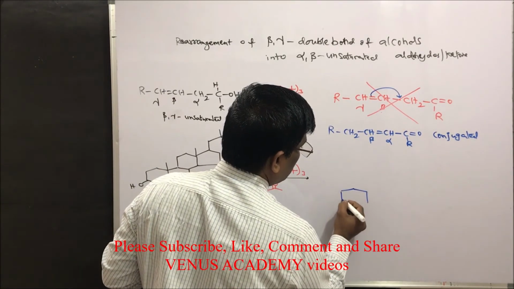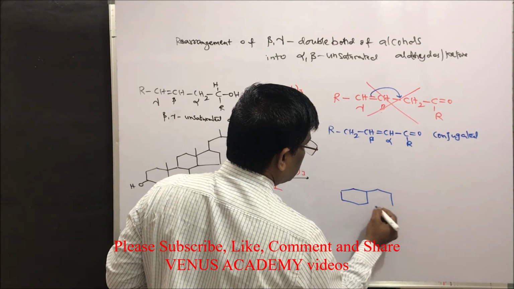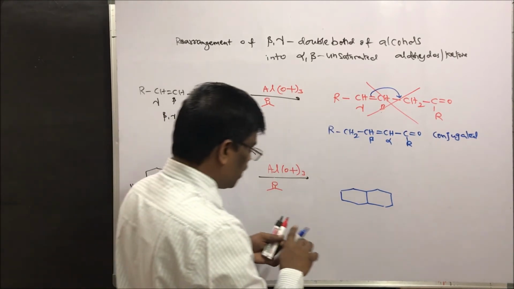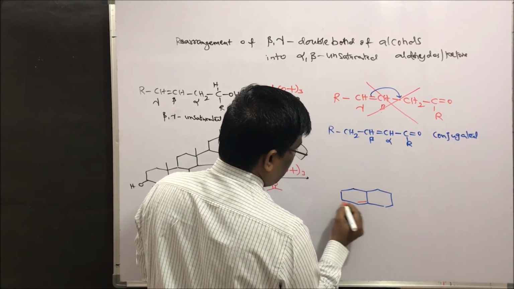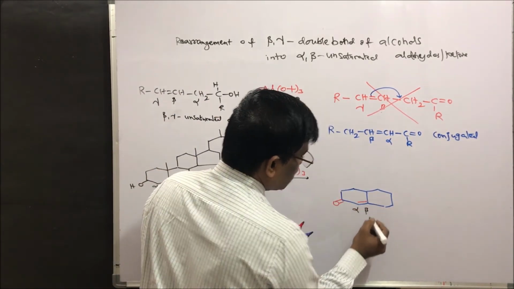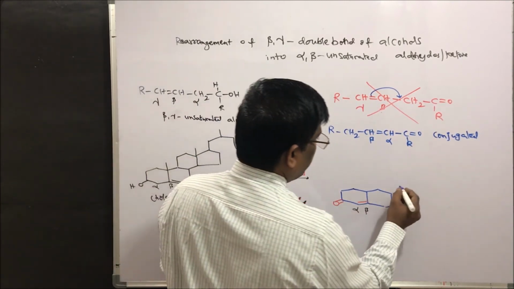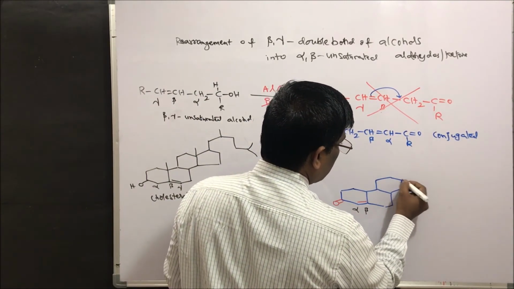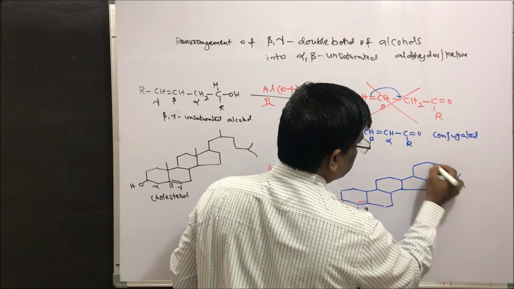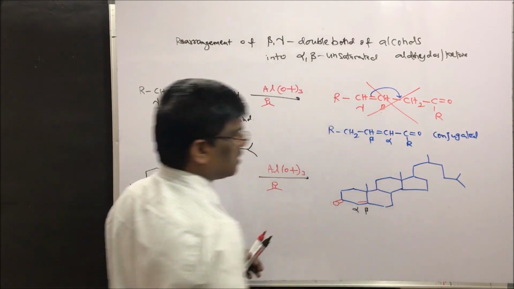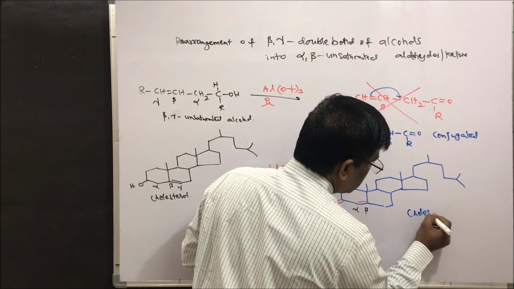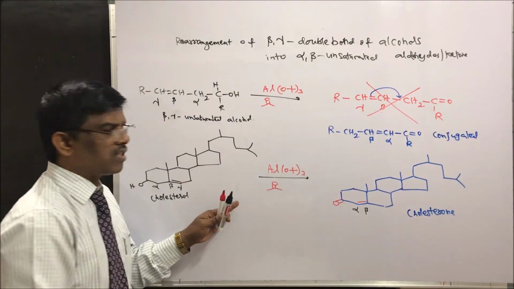So this is how you can do the oxidation with rearranged double bond, where this beta gamma unsaturated double bond is going to be rearranged to alpha beta. So this is the ketone, and the alpha beta unsaturated ketone we are going to get, whereas the remaining ring structure is not going to be disturbed. This is how cholesterol to cholestenone can be oxidized using Oppenauer oxidation.